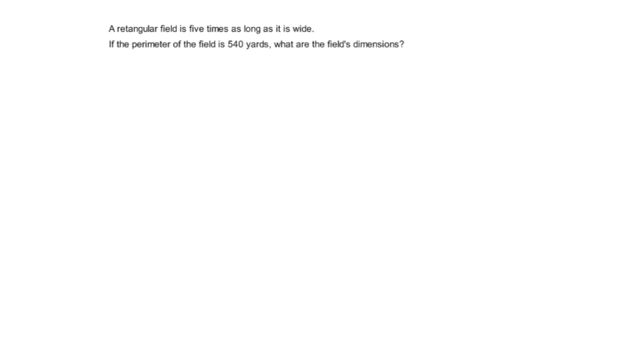A rectangle field is 5 times as long as it is wide. If the perimeter of the field is 540 yards, what are the field's dimensions? When it asks us what are the field's dimensions, they're asking you to find the length and the width.